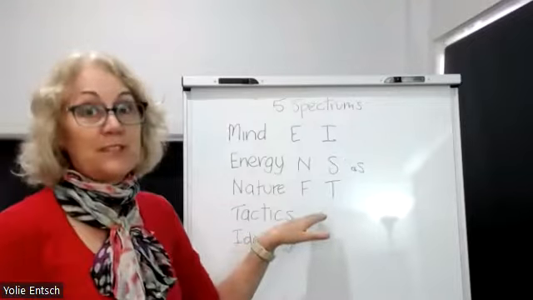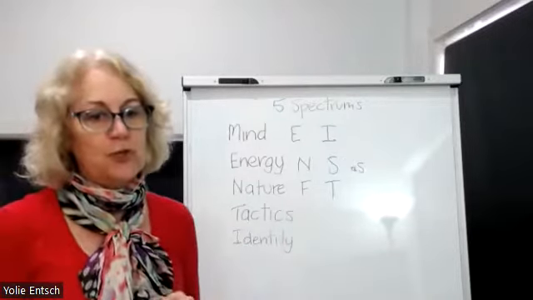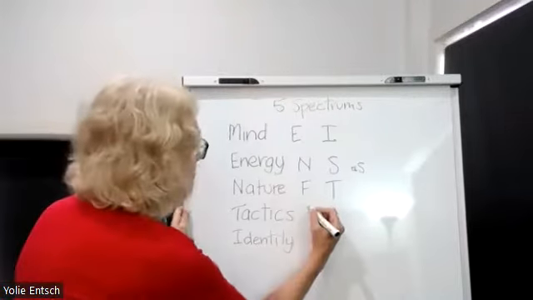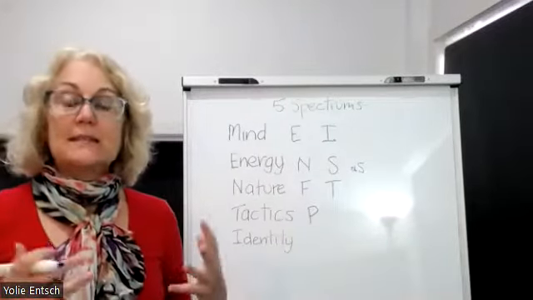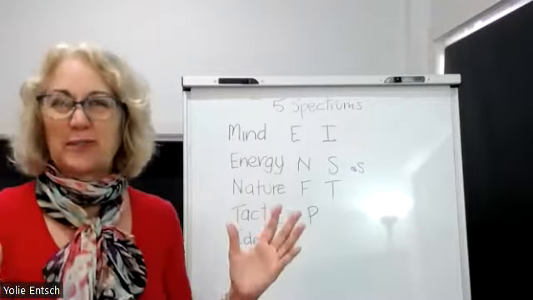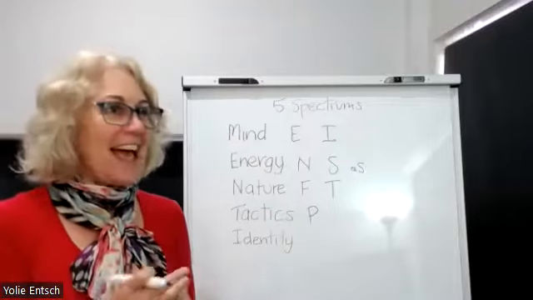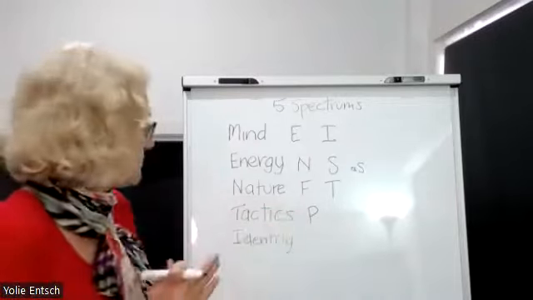Now let's get to the tactics. The tactics is the way in which you approach your work. For me, I am prospecting. A prospecting person tends to be somebody who is open to possibility, can be okay with change, and looks at opportunities and tries to find them.